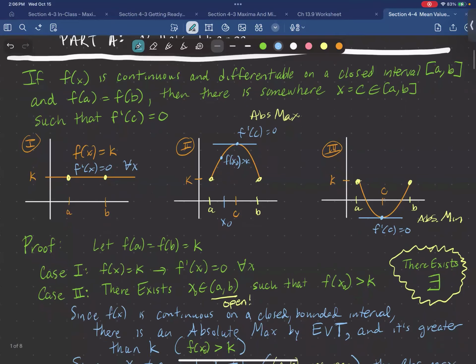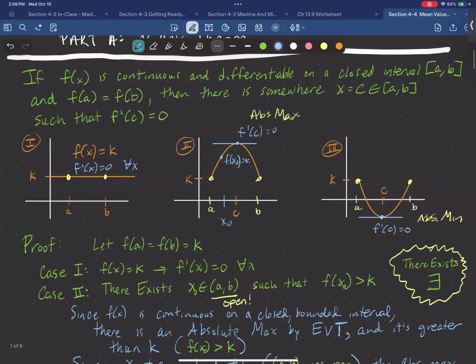Since f of x, and we're going to do it on the open interval (a, b), we're not going to include the endpoints. Since f of x is continuous on that closed bounded interval, then there's an absolute max by the extreme value theorem, and it's got to be greater than k.